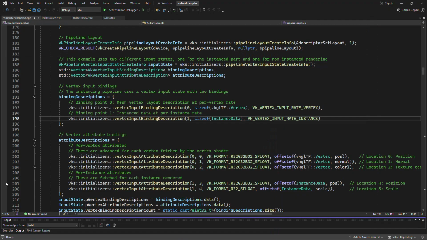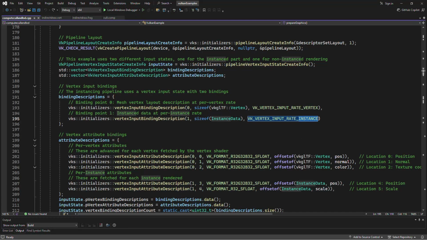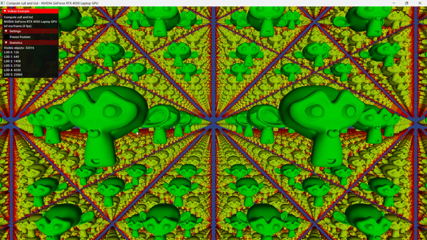But then we could change this and say, okay, we don't want instance data at a per instance rate. We want instance data at a per vertex rate. And what do you expect to happen if we change it? Remember, all of these objects are instances, but there are way less instances than vertices.